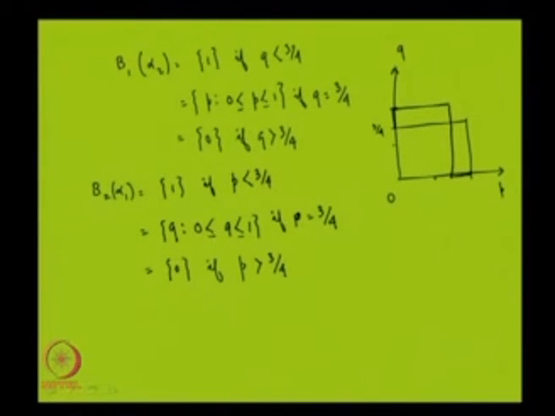So, once again here what we have are 3 Nash equilibria. One is here, one is here, third one here. So, they are given by 0 1, this point is 3/4 3/4, the last point is 1 0.